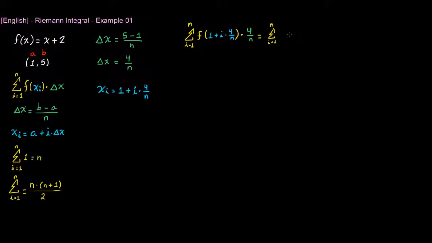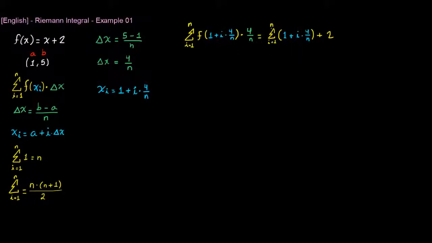So instead of this x, I'm going to substitute 1 plus i times 4 over n, plus 2. This is the f of x. Remember, this is the x, and this plus 2 stands for this f of x. Just substitute the x for the value of x of i.